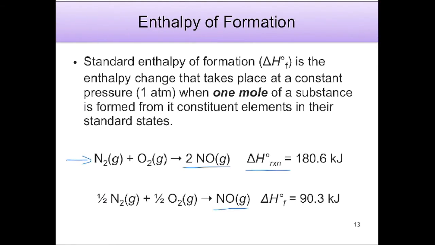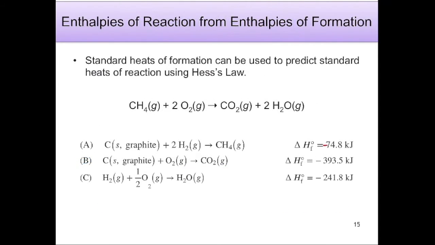Okay, so these two reactants are the reactants in their standard state form, and they form 1 mole of a product. So that is our delta H naught of formation, and that ends up being half, in this case, of the delta H of reaction. So we can use the standard heats of formation to predict the standard heats of reaction using Hess's law.